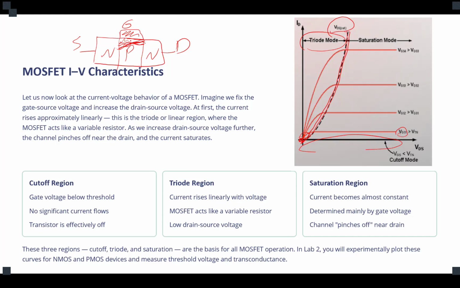Now, when you apply that, it gets similar to a resistor. But when you apply a voltage between drain and source above the saturation, you are basically occupying all the capacity of that channel for transferring the charge.